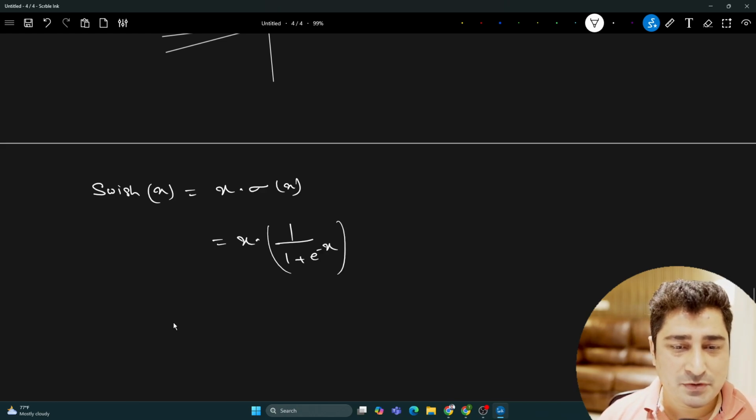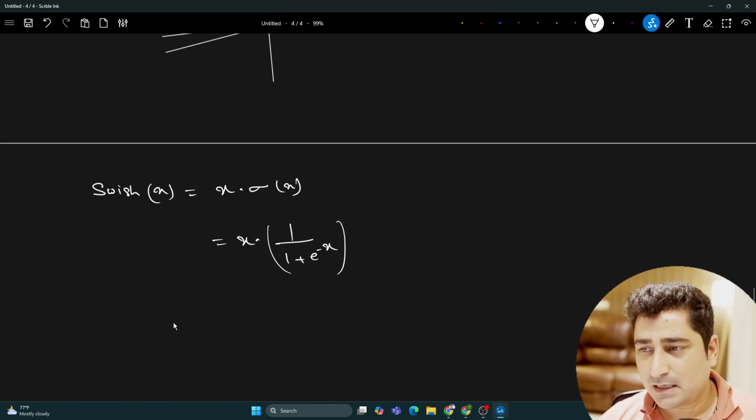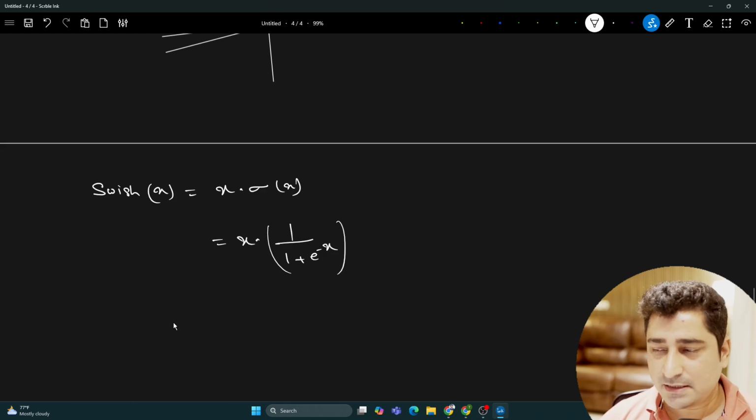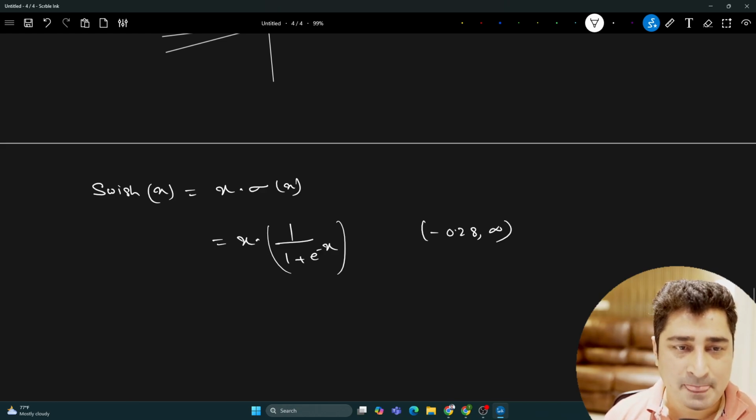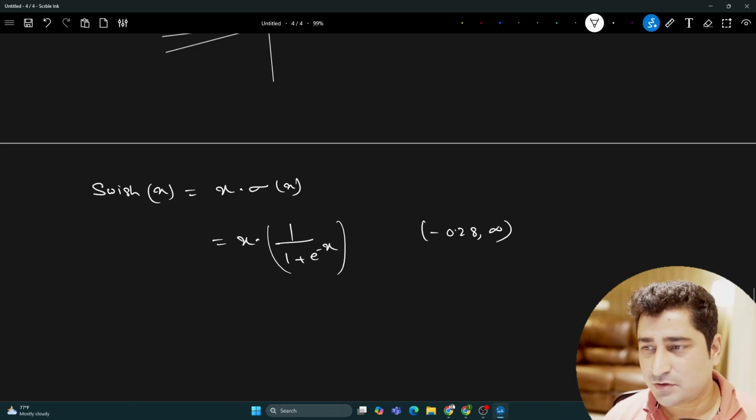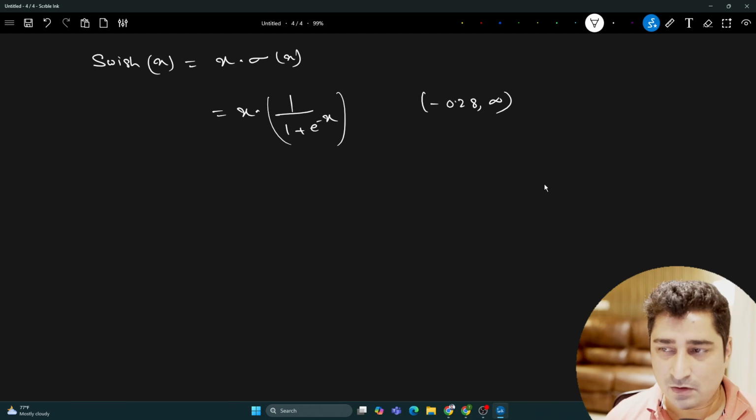This is what Swish is going to give you at the end of the day. Technically the range of this entire thing is going to be from negative 0.28 to infinity for a Swish function. And if I have to draw a graph of this Swish, this is how the graph of Swish will look.